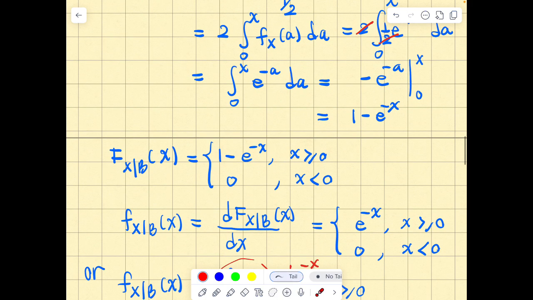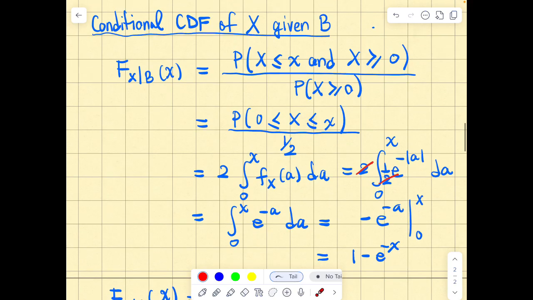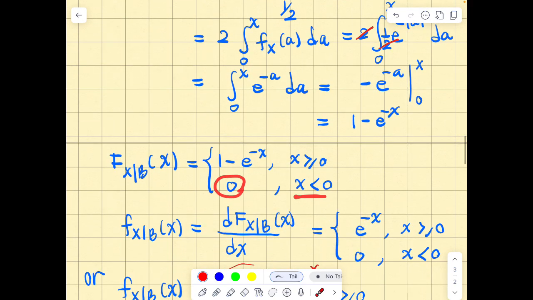Okay? So that means the conditional CDF is 1 minus e to the minus x when x is greater or equal to 0. And it's 0 when x is less than 0. So remember, anything outside event B is not going to occur, so the probability is going to be equal to 0.